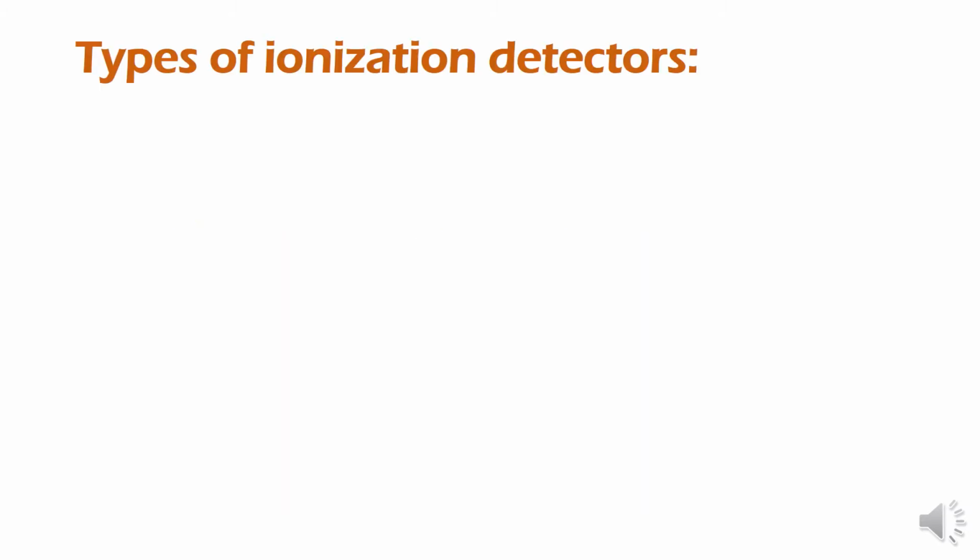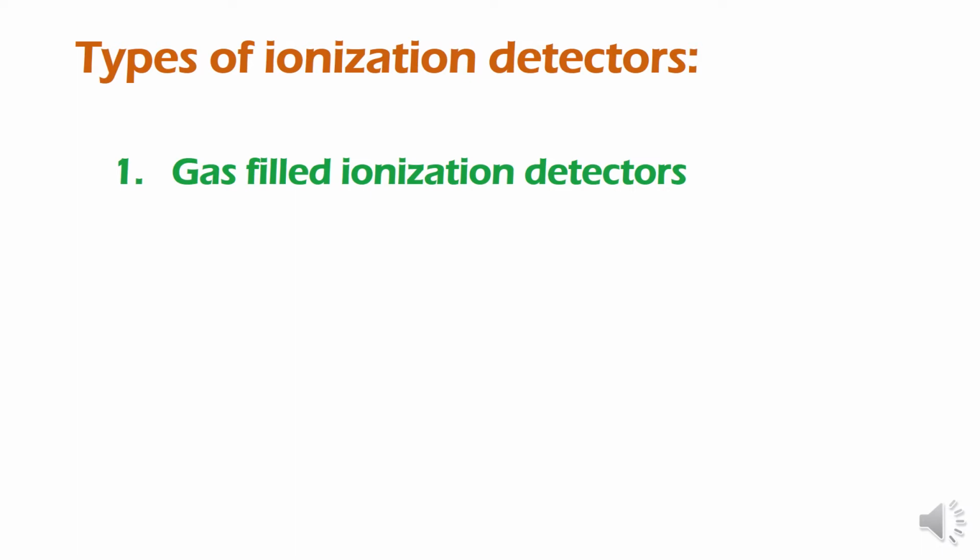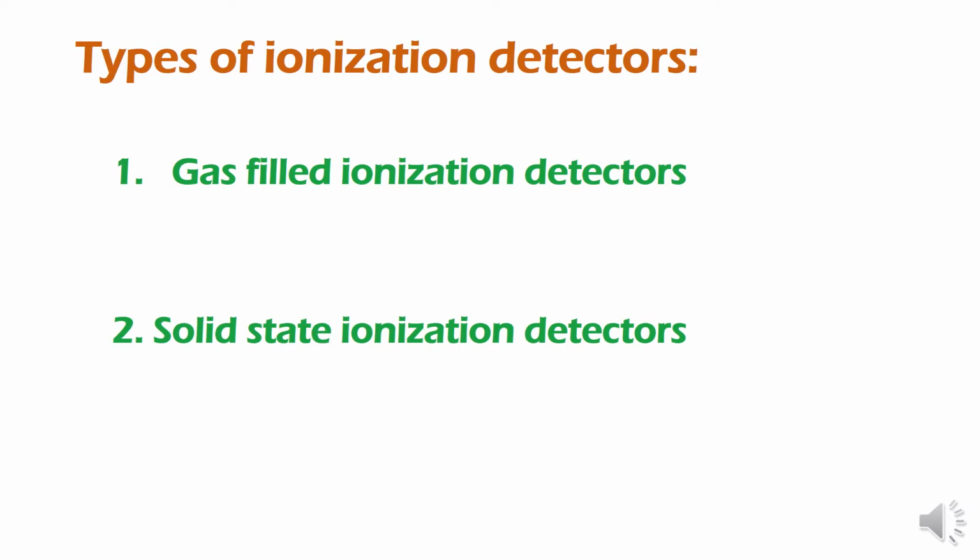Types of ionization detectors. Ionization detectors are of two types. One is gas-filled ionization detectors, another one is solid-state ionization detectors. From the name itself, it is clear that in the first type, the material medium is in gaseous state. In the second type, we take a solid material to interact with the radiation in order to analyze the interaction.